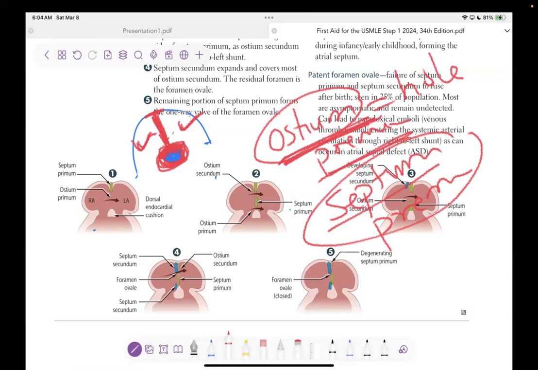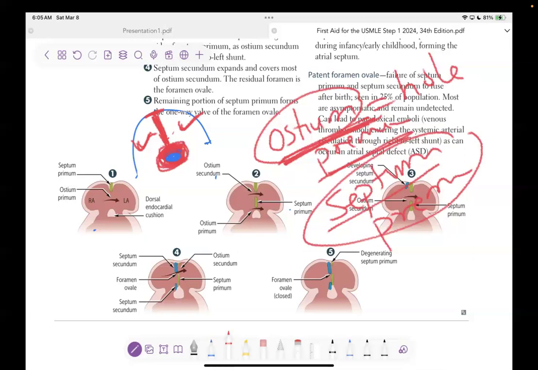The baby needs lots of foramina and ducts and ways from the right side of the heart to the left side of the heart in order to carry oxygen from the mother to the baby, to the left circulation. The baby itself cannot breathe because it is floating inside the uterus in amniotic fluid, and there is no oxygen.